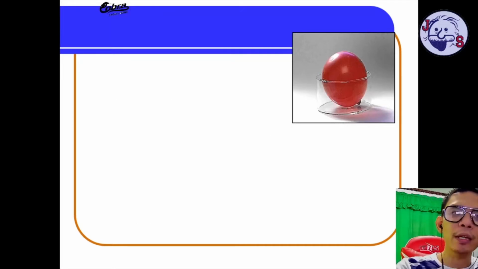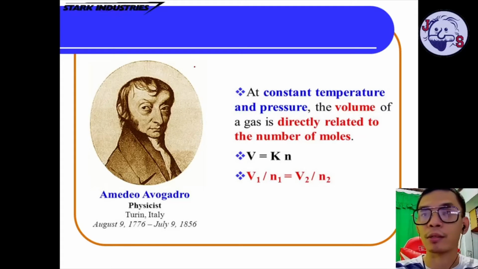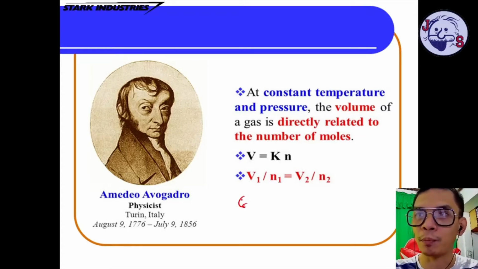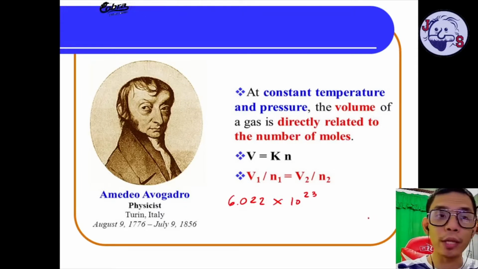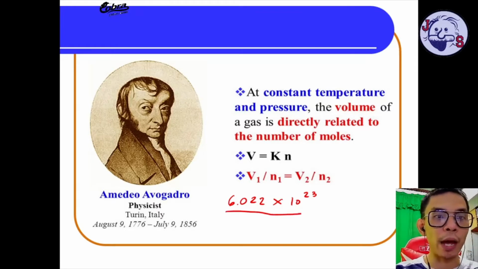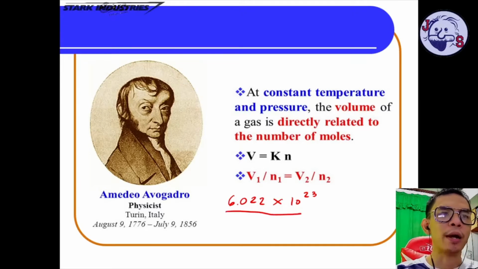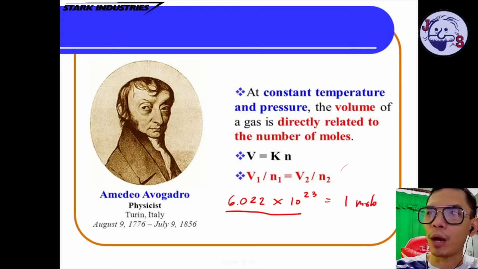By the way, I forgot, Amedeo Avogadro is also the proponent of Avogadro's constant. If you remember, that is 6.022 times 10 to the 23rd power. There's no unit on that. This constant is used to describe the amount of particles, molecules, or atoms present in 1 mole of any substance.